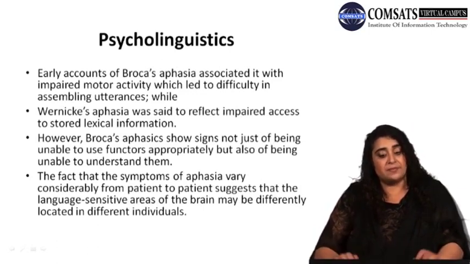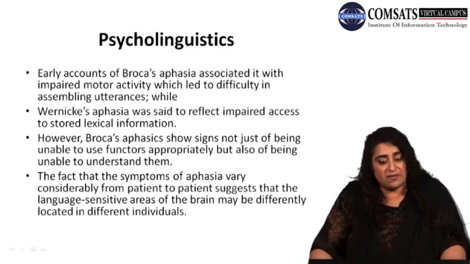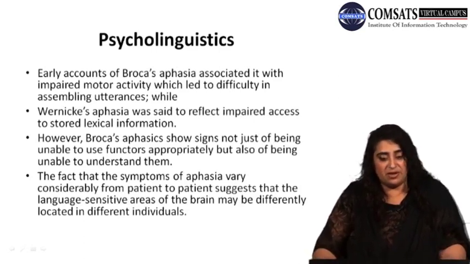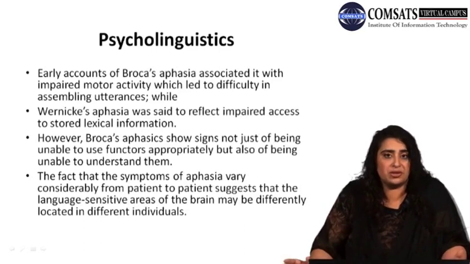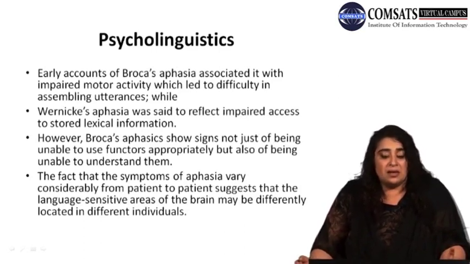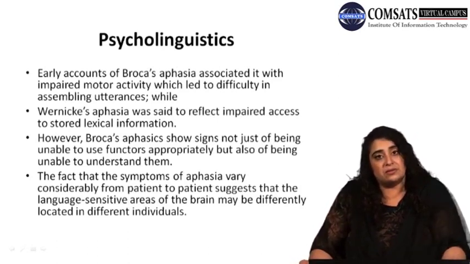Now, the fact that the symptoms of aphasia vary considerably from patient to patient suggests that the language sensitive areas of the brain may be differently located in different individuals.